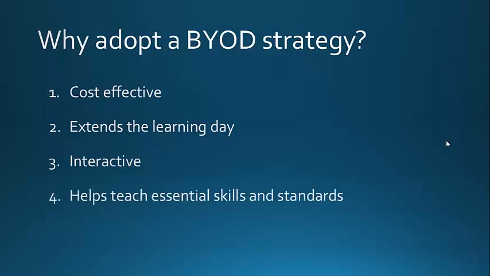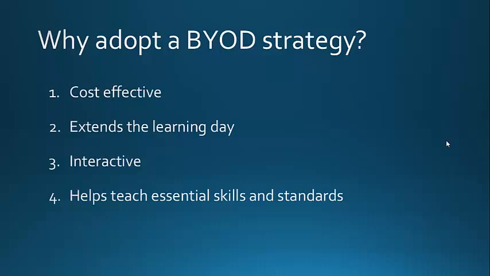BYOD helps teach essential skills and standards. With 21st century skills and Common Core state standards, which will be discussed later, some of the skills are collaboration, working together, problem solving, evaluation of sources, critical thinking.